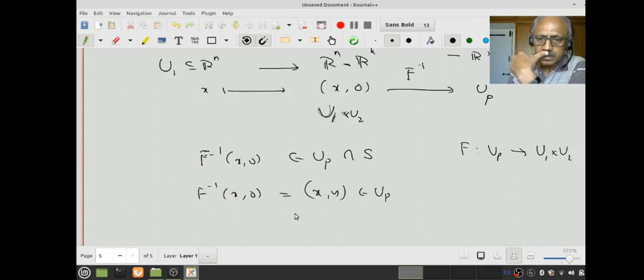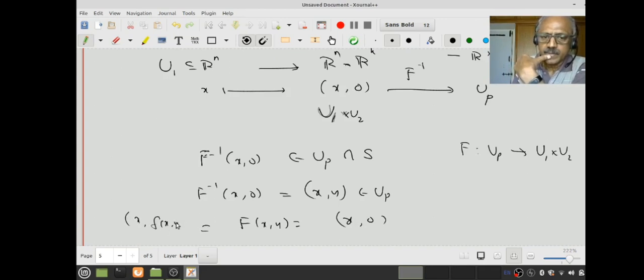But then, what does it mean? F of xy must be equal to x comma 0. But what is F of xy? This is x comma f of xy. You follow that? Therefore, the point xy, where does it lie? It lies in S, because S is the set of points xy such that f of xy is 0. Please pay attention. I know xy is in UP.